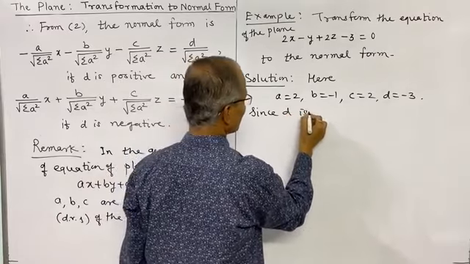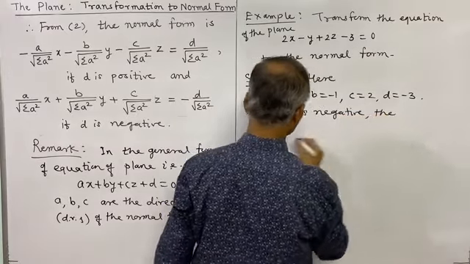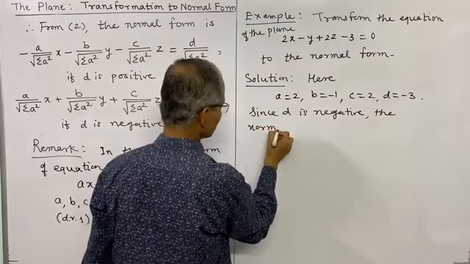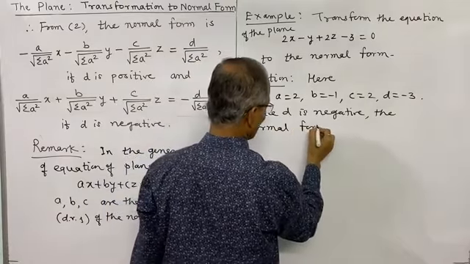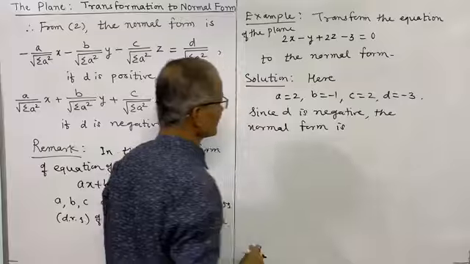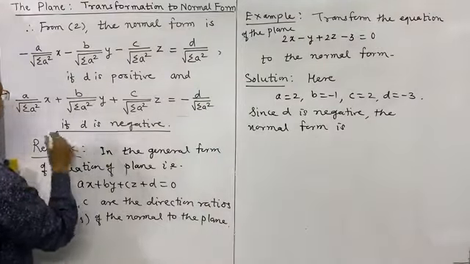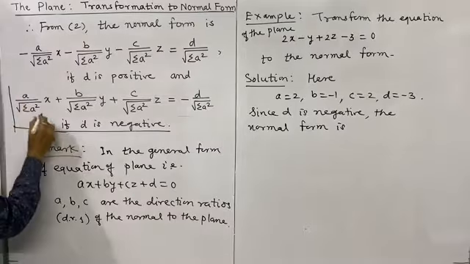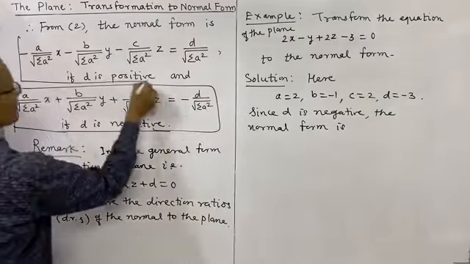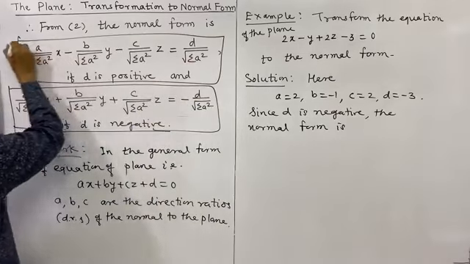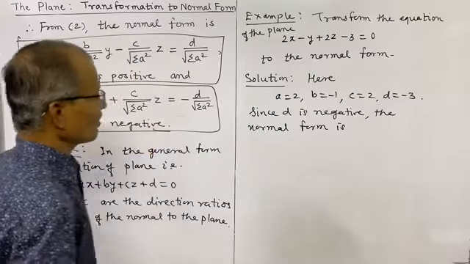Since d is negative, the normal form is this. If d is negative, then this is the form, and if d is positive, then this is the form. Only the change in sign is there, and therefore here d is negative, so the normal form is this.